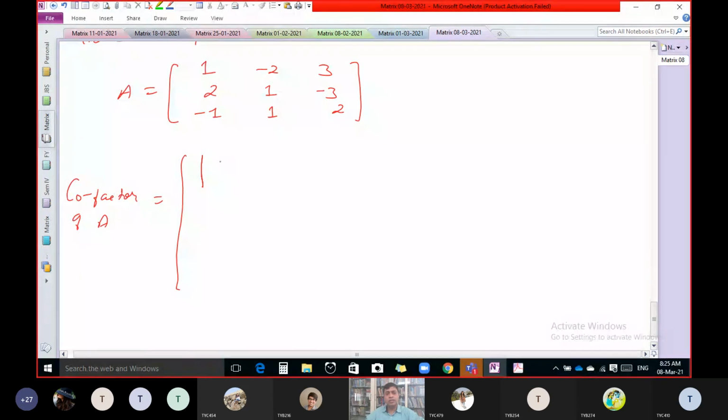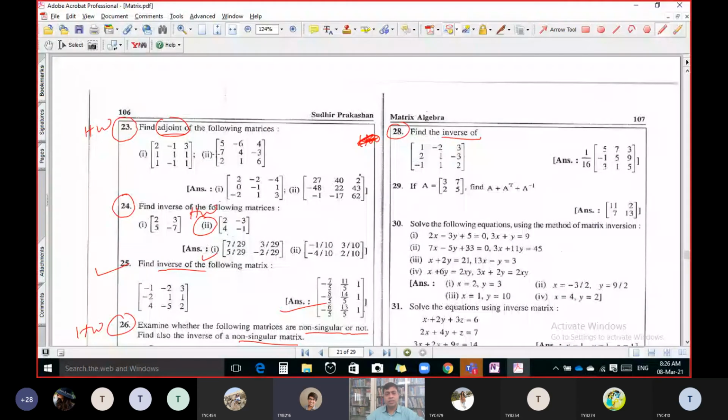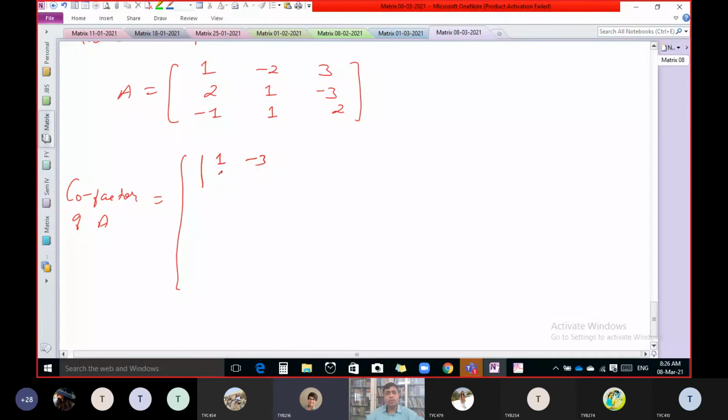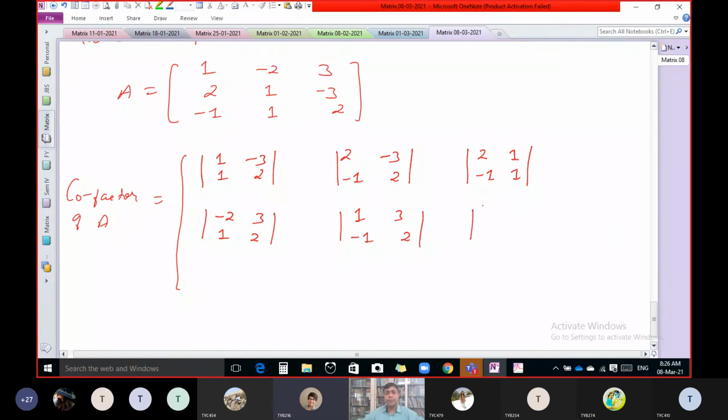Minor of 1: 1 minus 3, 1, 2. Correct. Minor of minus 2: 2 minus 3, minus 1, 2. Correct. Minor of 3: 2, 1, minus 1, 1. Correct. Next row, first element: minus 2, 3, 1, 2. Correct. Next: 1, 3, minus 1, 2. Correct. Next: 1 minus 2, minus 1, 1.